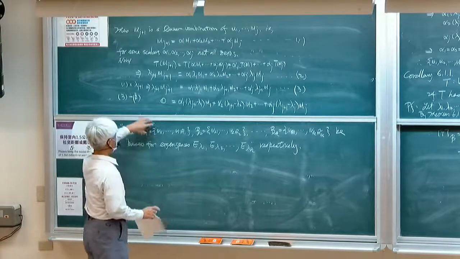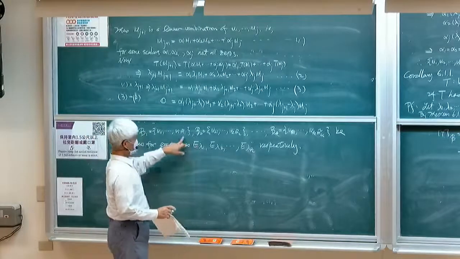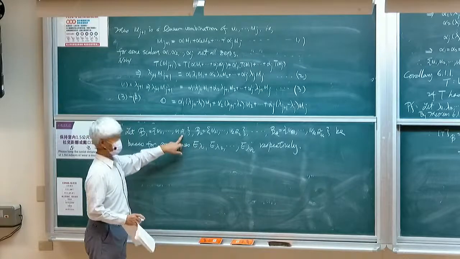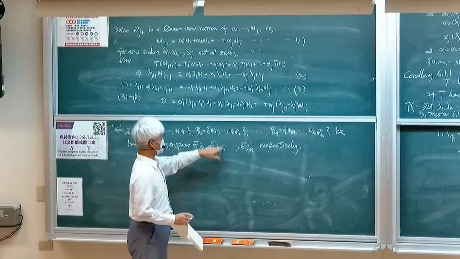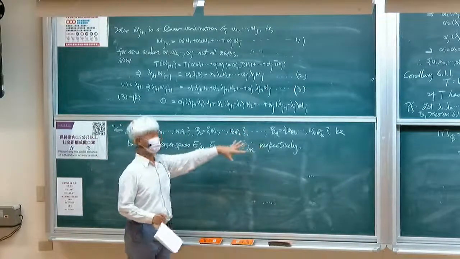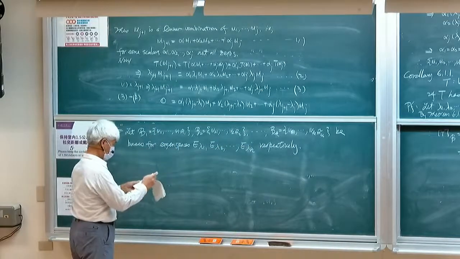Because the dimension of E lambda 1 is M1 tilde, the dimension of E lambda 2 is M2 tilde, etc., we take the union.